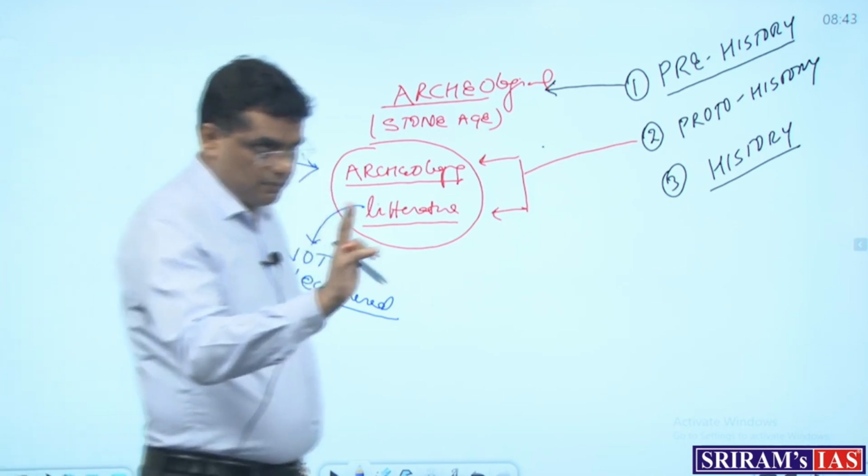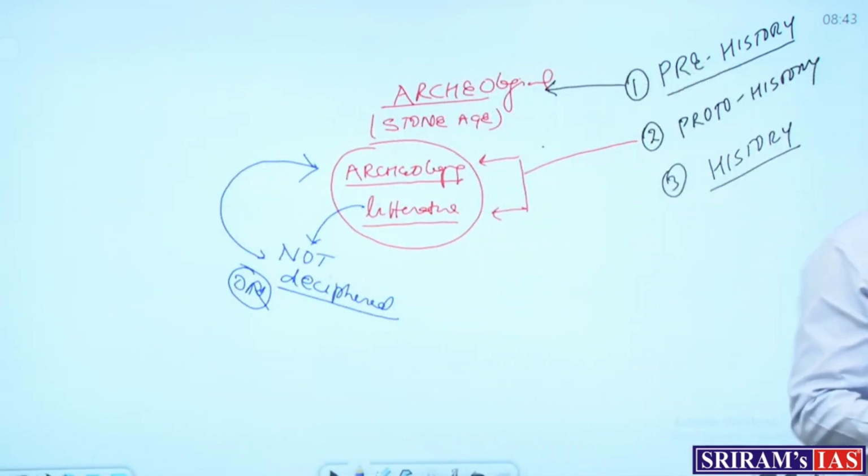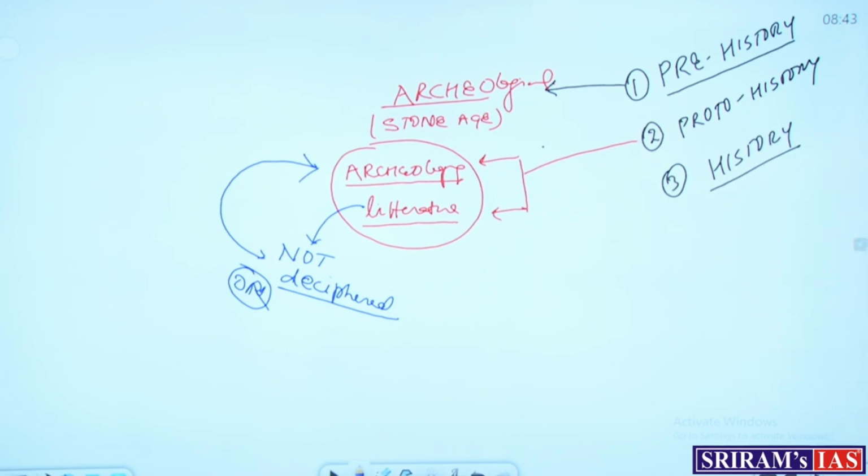Two things. Either it was not decoded, or if decoded, there is no match with the archaeology. Archaeology explains something else, literature explains something else. Like Ramayana, Mahabharata. We don't have archaeological evidence the way that literature defined. Or even if we have evidence of archaeology, it is difficult to match with the literature.